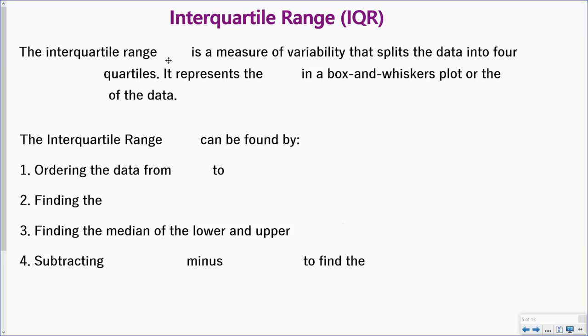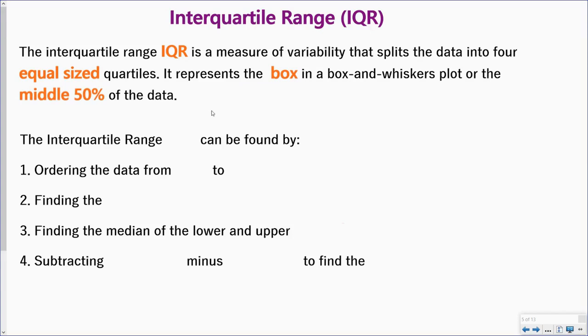The interquartile range, otherwise known as IQR, is a measure of variability that splits the data into 4 equal-sized quartiles. It represents the box in the box and whiskers plot, or the middle 50% of the data.